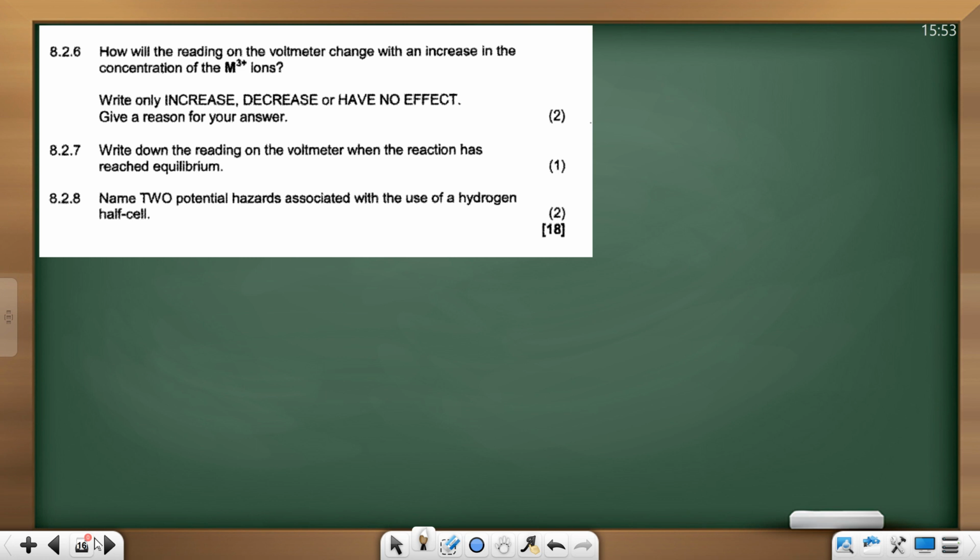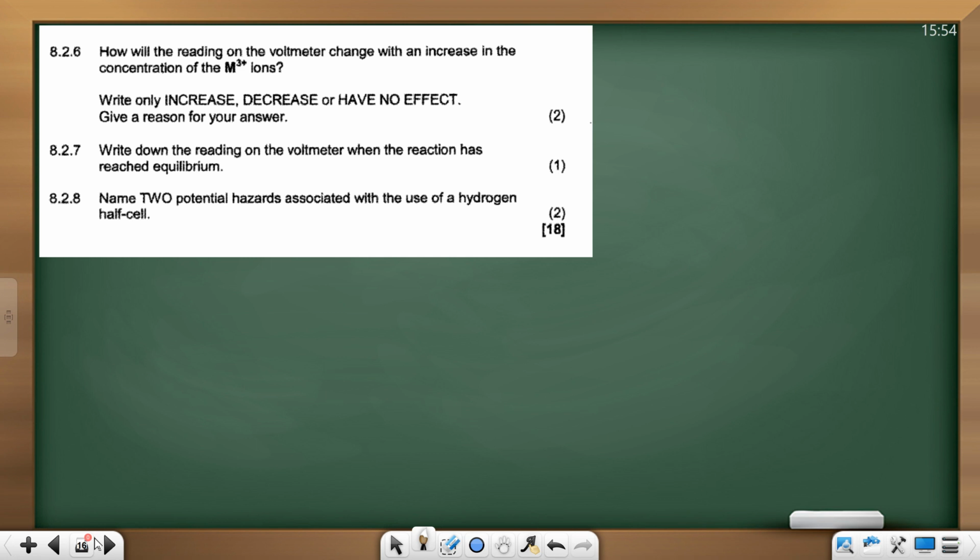Potential hazard. All right. Number 1, hydrogen is an explosive. So you could go kaboom. Remember, hydrogen, it will go boom. Yes. All right. What's the second one?